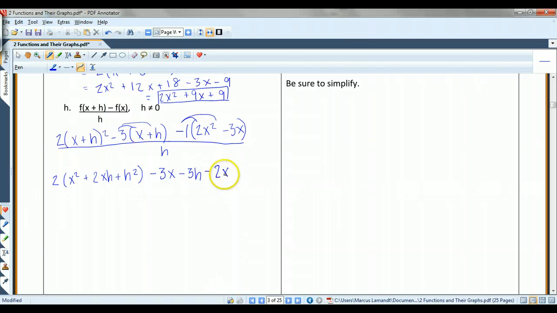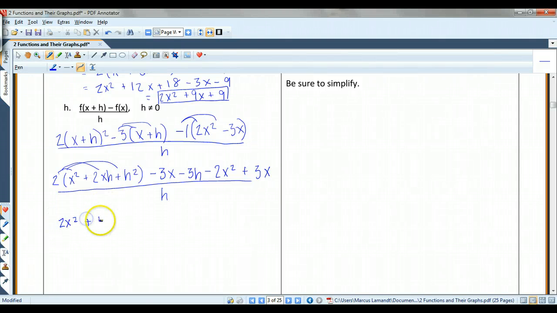I've got minus 2x squared plus 3x. And the whole thing is over h. Now distribute the 2. 2x squared plus 4xh plus 2h squared minus 3x minus 3h minus 2x squared plus 3x.